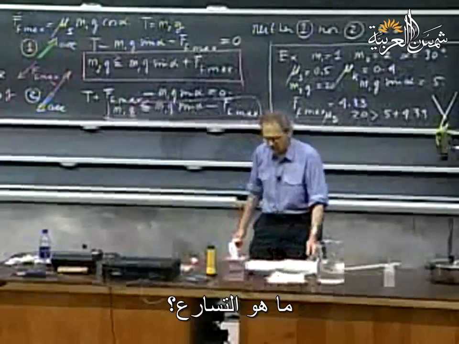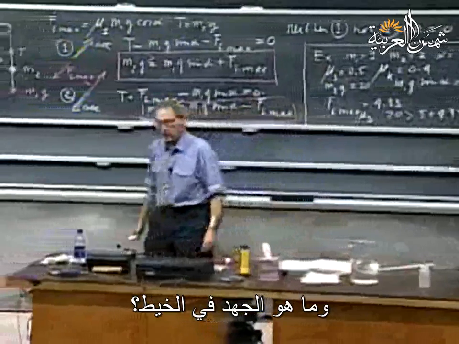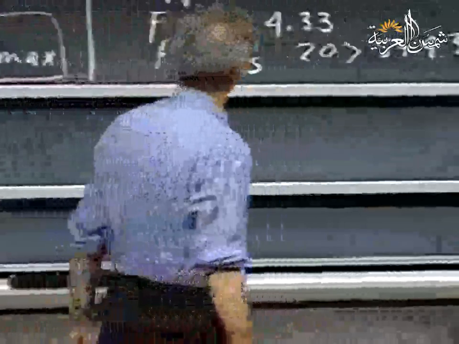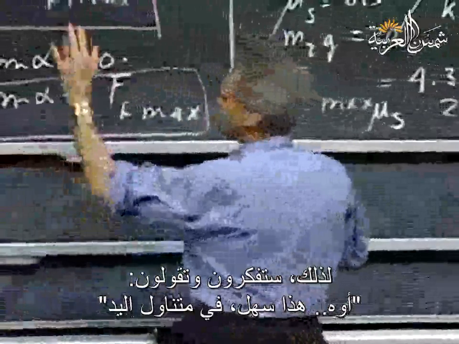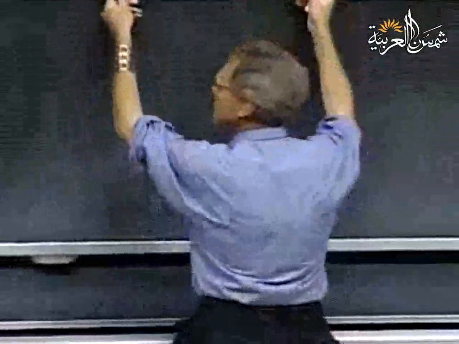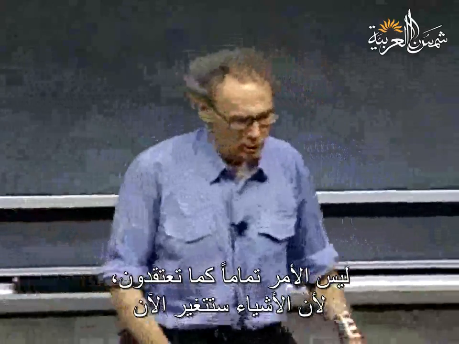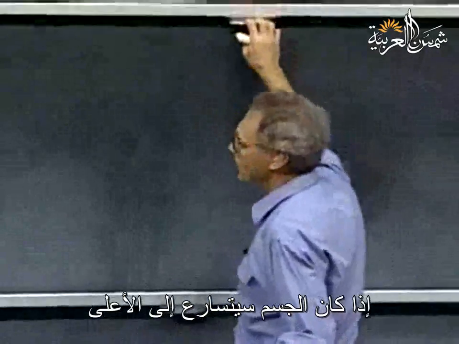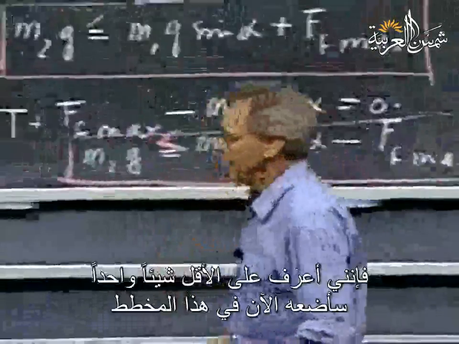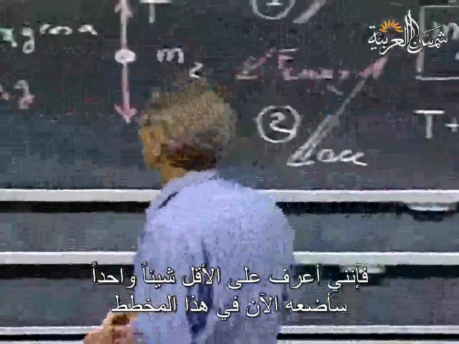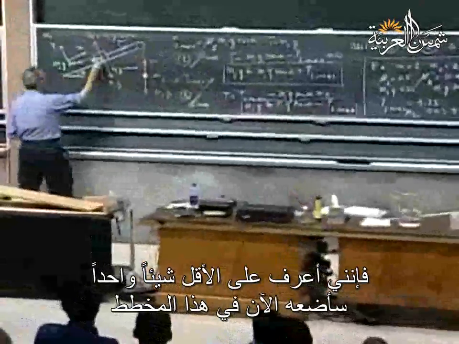So now I could ask you a simple question. What is the acceleration and what is the tension in the string? And so you will think, oh well, that is within arm's reach. Not quite, because things are now going to change. If it is going to be accelerated uphill, then at least I know one thing, which I'm going to put in this drawing now.